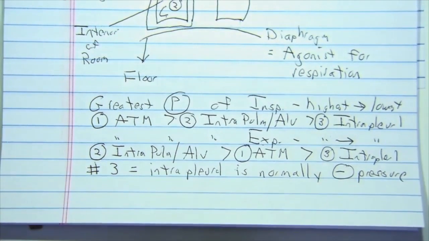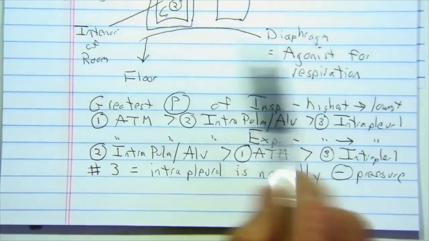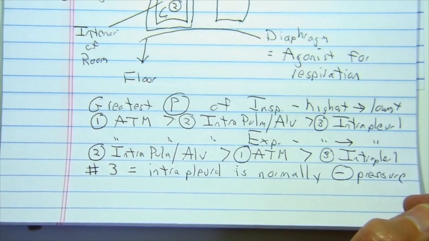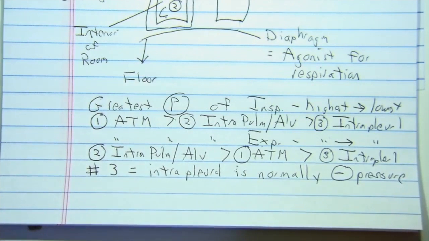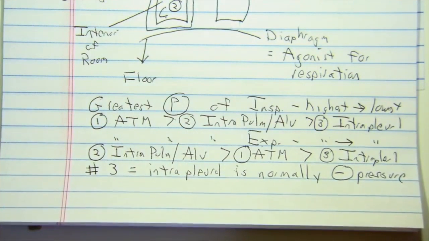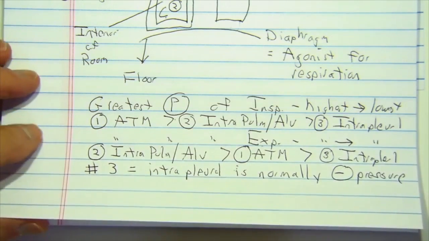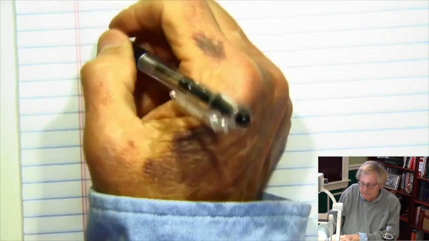So now we know basically how the lungs work. We know the 3 pressures of respiration, and we know the 3 gases of respiration. The next concept that really makes this easy to think about is if I were to look at that muscle of respiration, which I already said was the diaphragm.